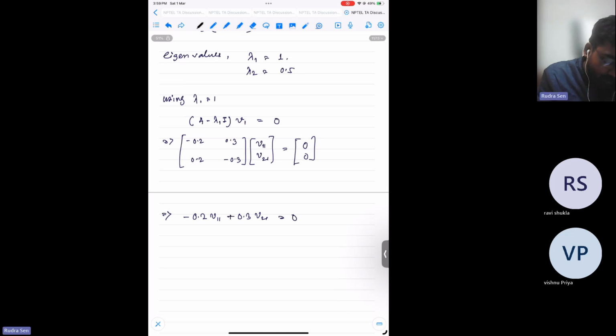So here we need to choose a value. If we put V11 as 1, then V21 is 0.3 by 0.2, which is 1.5. So V equals 1 and 1.5, right? I think I'm right.